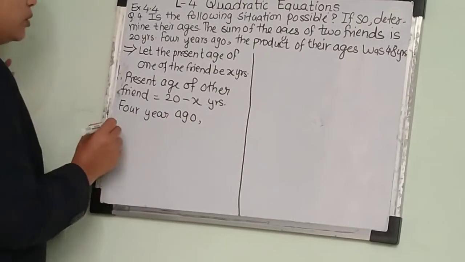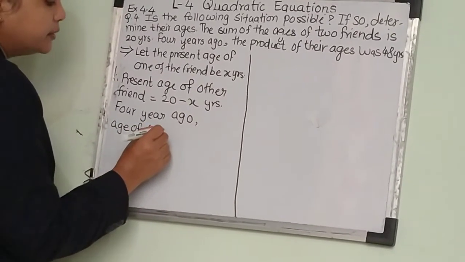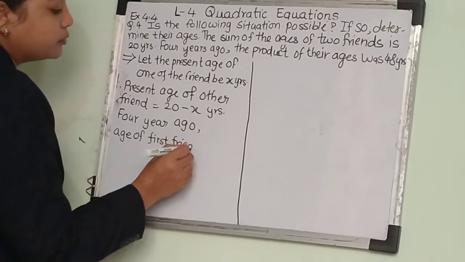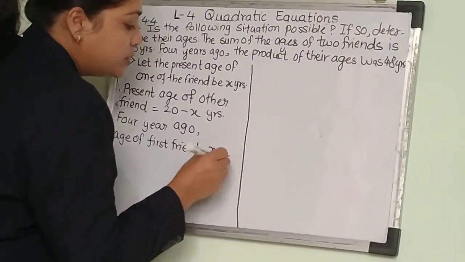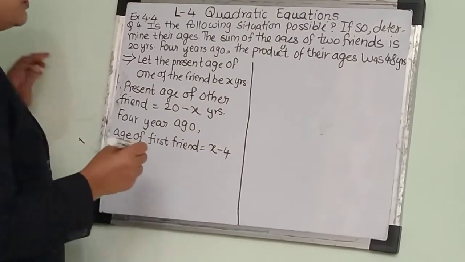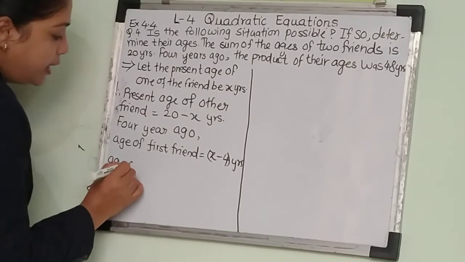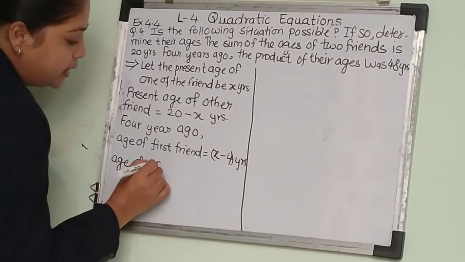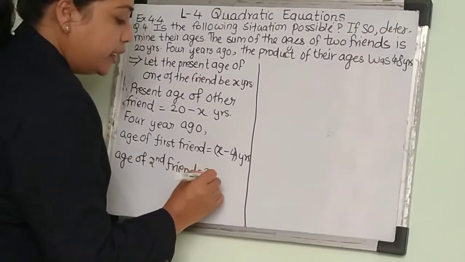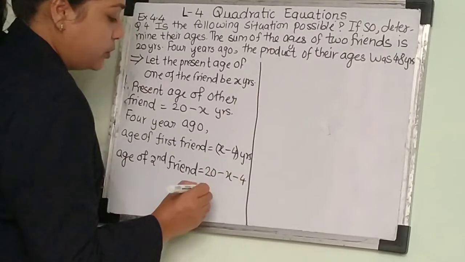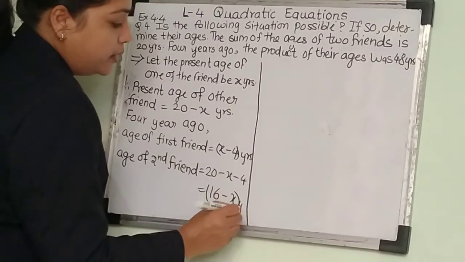So 4 years ago, the age of the first friend, ago means before, so we have to reduce 4, so it comes x minus 4 years, and the age of the second friend is 20 minus x minus 4. So 20 minus 4, it will be 16 minus x years.